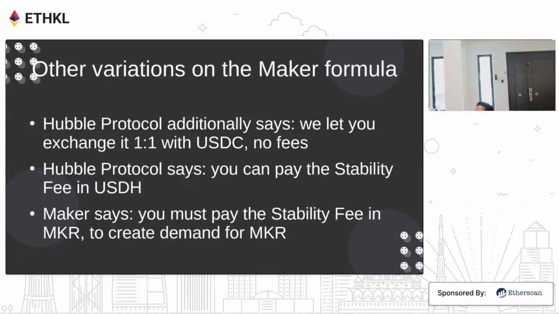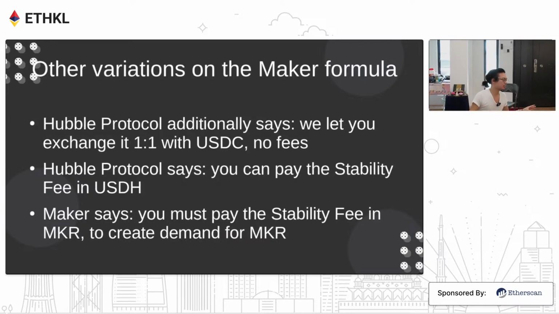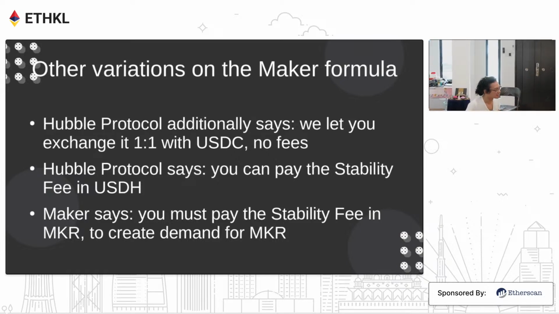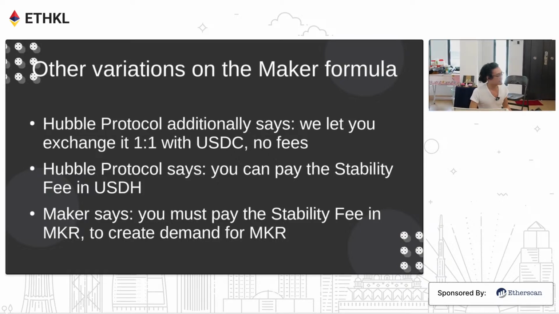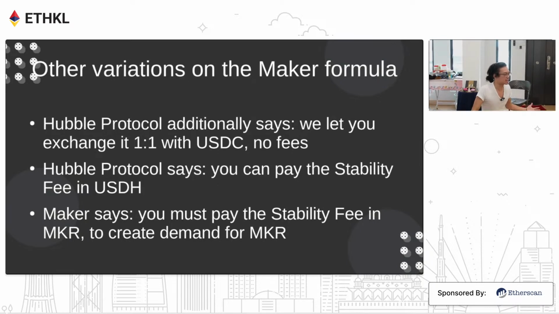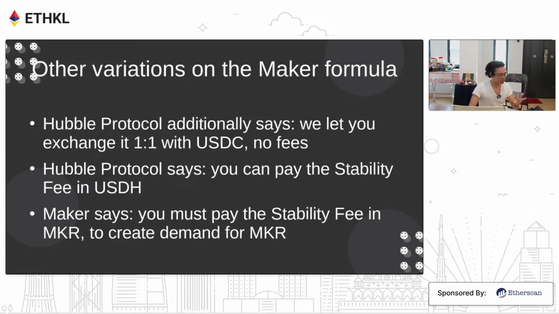Oh yes, Maker says you must pay the stability fee in Maker, but that was for the single collateral DAI. For the multi-collateral DAI, apparently you can pay it in DAI. So these are the small variations on the general Maker formula.